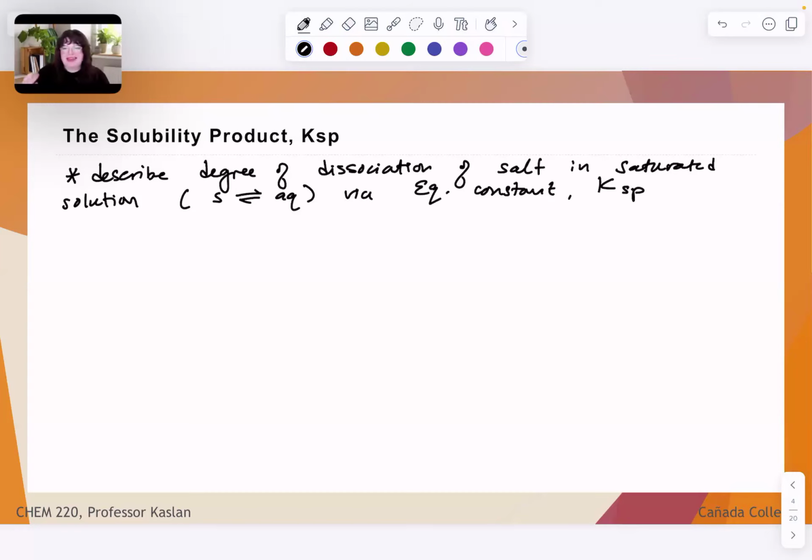Just like Ka meant the dissociation constant for some weak acid, and Kb the dissociation constant for some weak base, KSP is an equilibrium constant, but it now has a little bit of context. So SP, we'll talk about that.